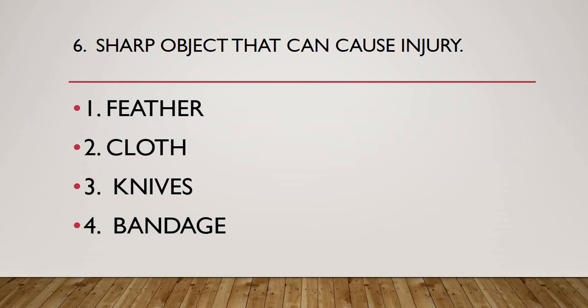So the options are feather, cloth, knives and bandage. Please quickly write what the correct answer is according to you. Or if you know the correct answer, you can write it down in your book. So which do you think is the sharp object? Feather is sharp? No. Okay, if it is sharp, it cannot cause injury. If you beat someone with a feather, with whosoever's feather it is, it cannot cause injury.